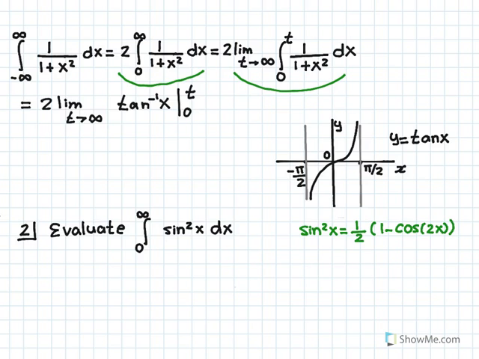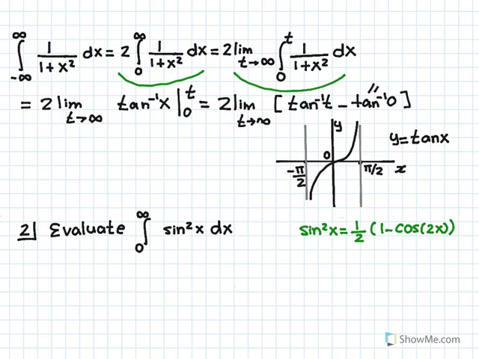So now we just apply the fundamental theorem of calculus, and what we get is 2 times the limit as t goes to infinity of tan inverse t minus tan inverse of 0. What is tan inverse of 0?